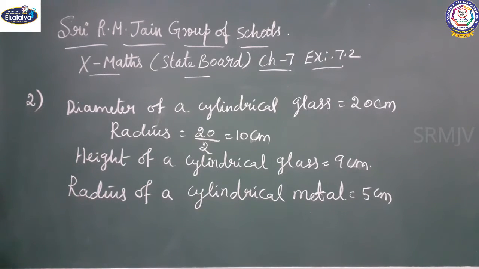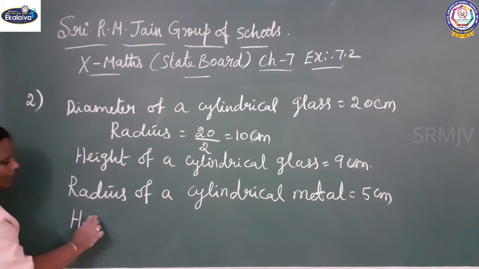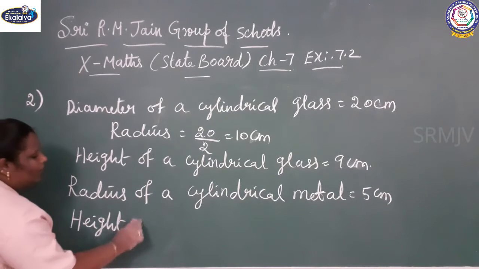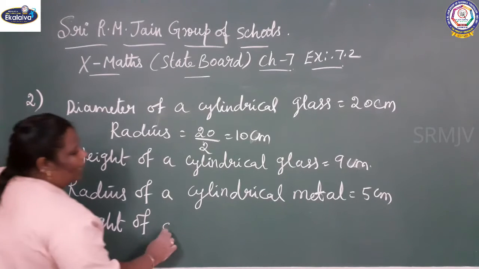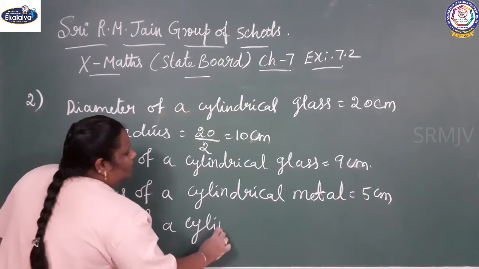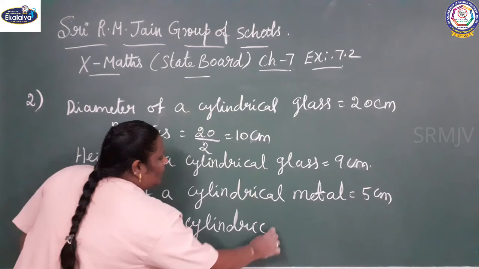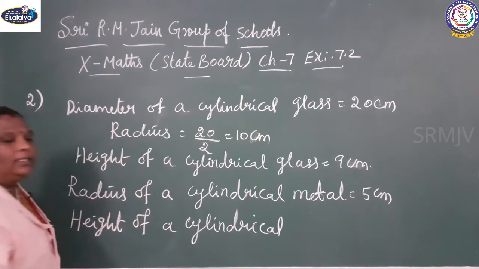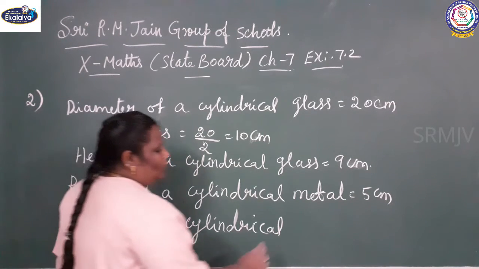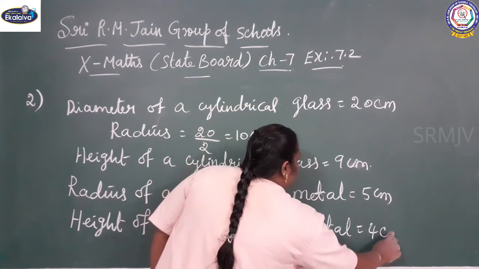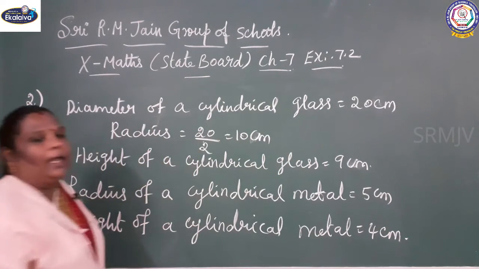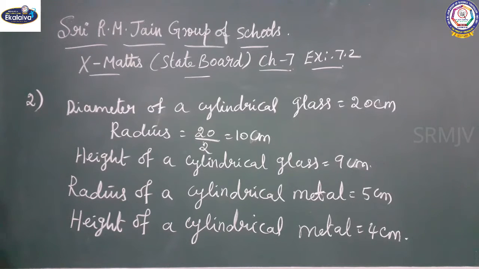So the height of the cylindrical metal is equal to 4 centimeter.